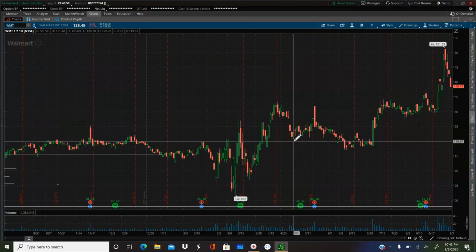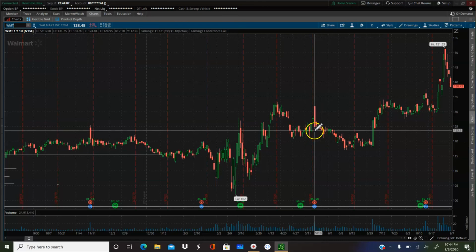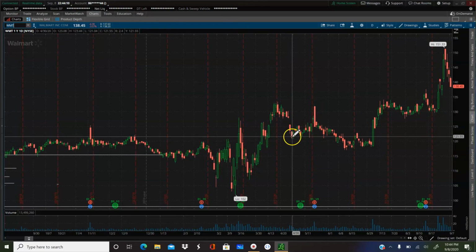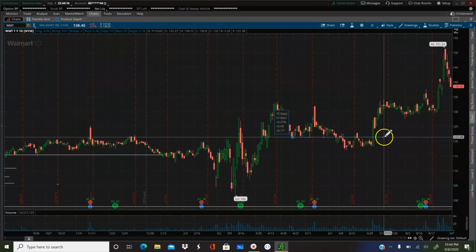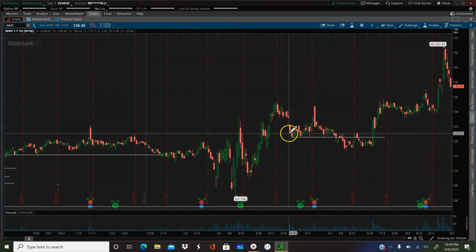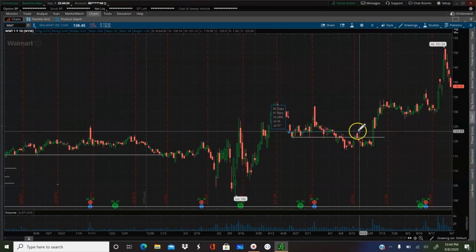So Walmart does some consolidating, then it starts its upward move. Earnings comes, big sell off here. Well, first off, you want to draw your trend line here. And more than likely, you would sell before this point in time.